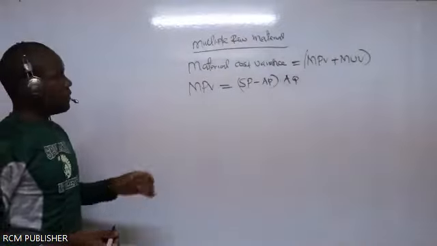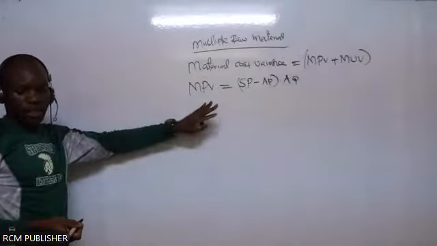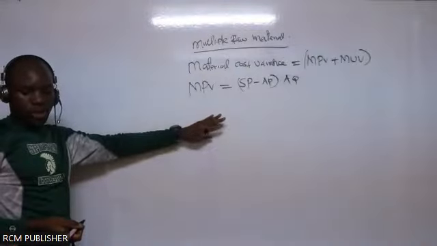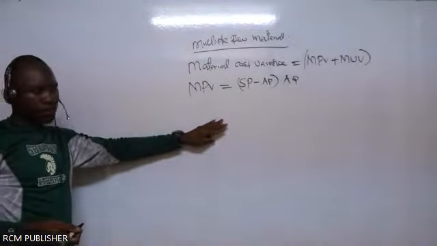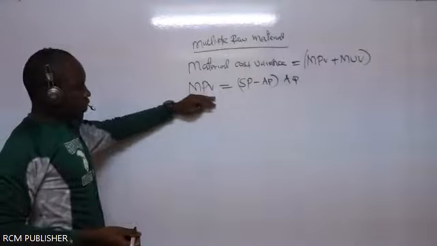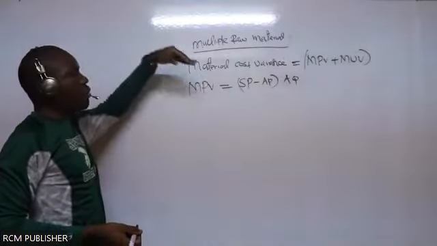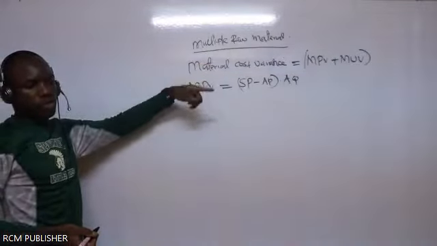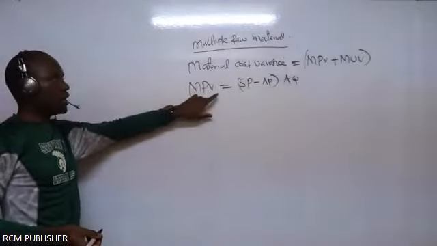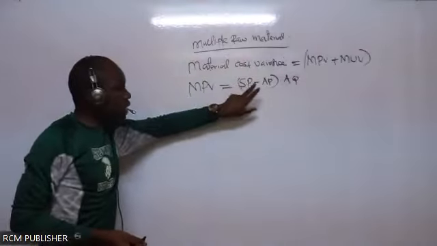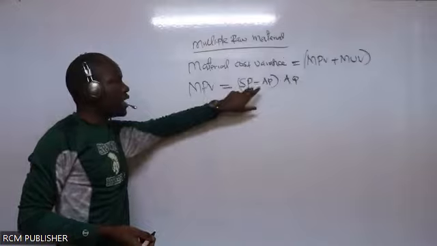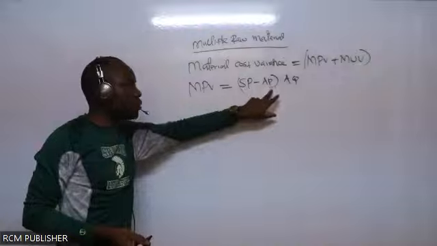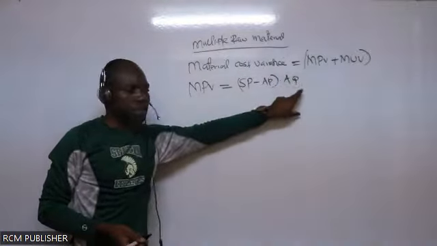Good. If I have this, I want to get the material usage variance. So if I'm going to deal now with multiple products, what do I need to put in place? It is standard price minus actual price, then I multiply by quantity.